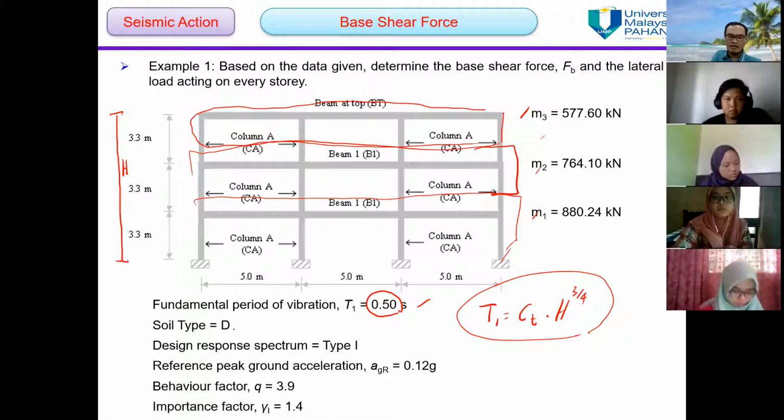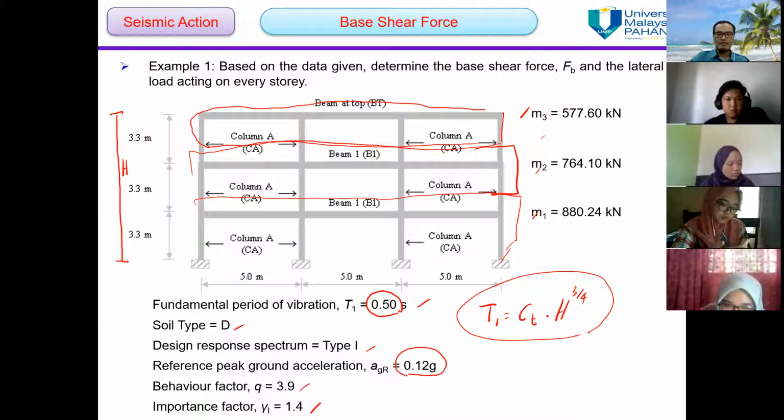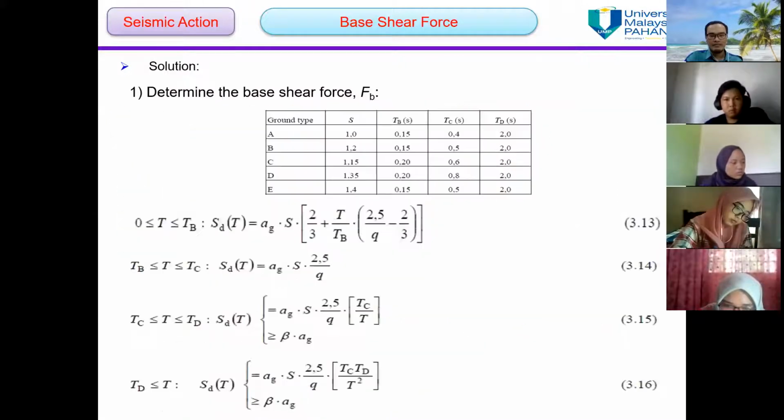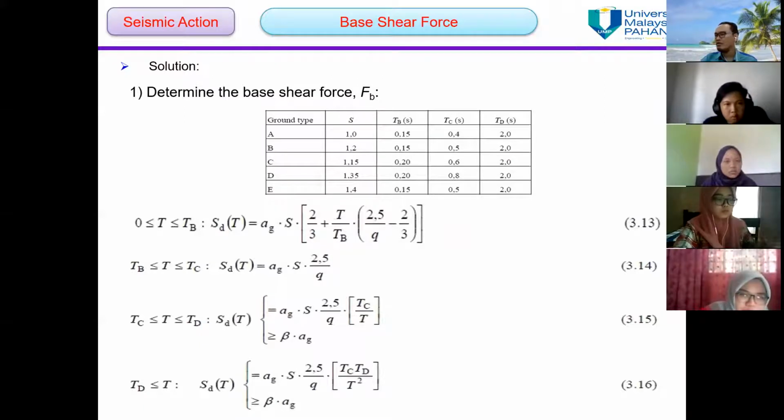Okay, and then soil type D, design response spectrum type 1, reference peak ground acceleration equal to 0.12 g, behavior factor 3.9, importance factor 1.4. So what we have to do is refer to the Eurocode 8 for the ground motion and soil type.